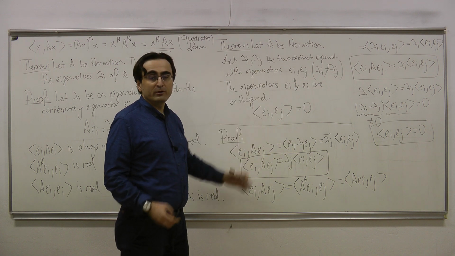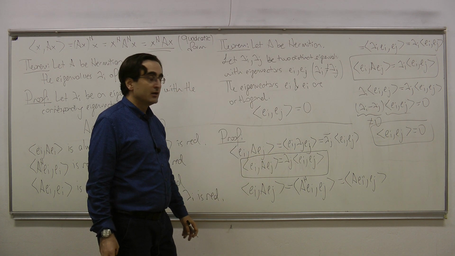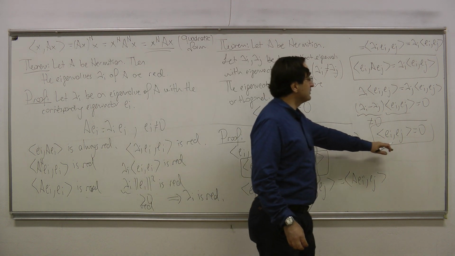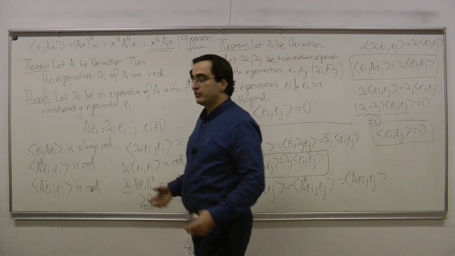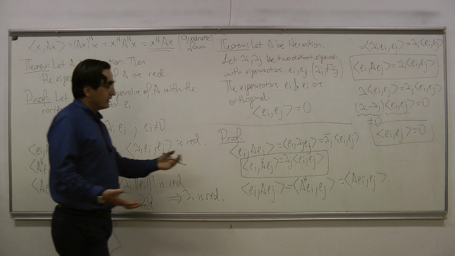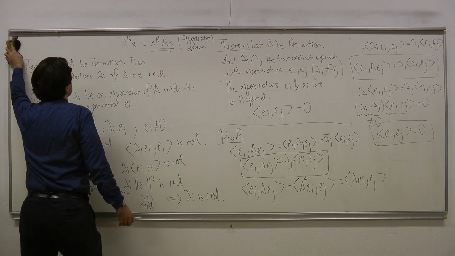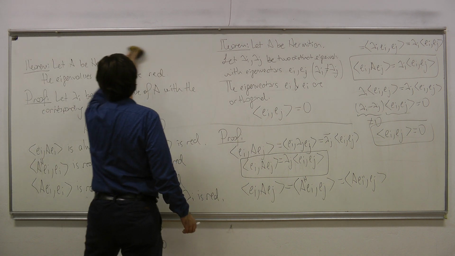And for Hermitian matrices, they are not only linearly independent, but at the same time orthogonal to each other, which is a much stronger condition. That is the difference between the general case and the Hermitian case.